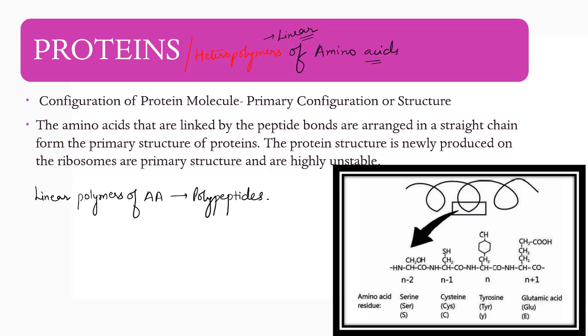A protein may constitute one polypeptide or many polypeptides. One polypeptide, then it's monomeric; two polypeptides, then oligomeric; and more than that, like four, eight polypeptides and so on.